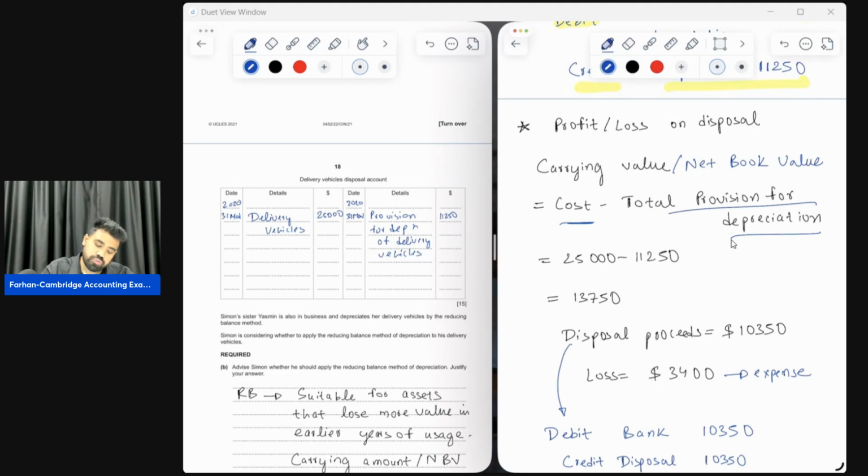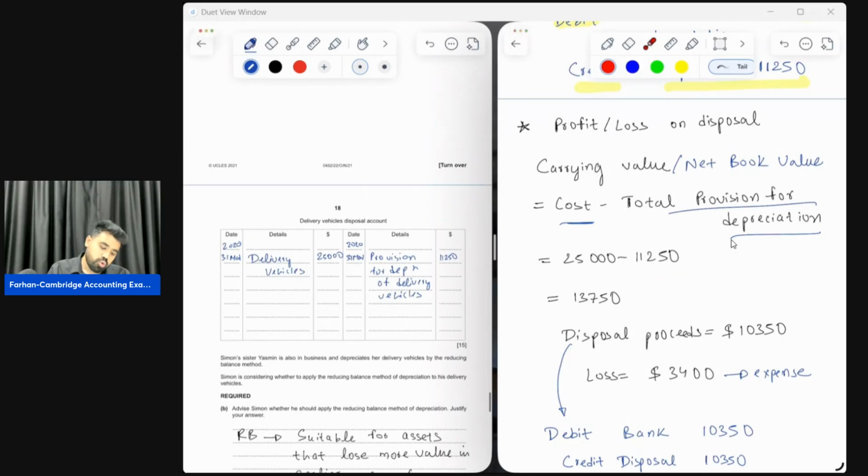And the total provision for depreciation we derived is 11,250, which means the net book value or the carrying amount should be 30,750. Now, the carrying amount or the net book value at any given point in time refers to the economic benefits that are still available for consumption by the business to help the business generate more revenue, right? So obviously, this is the stored value within that asset.